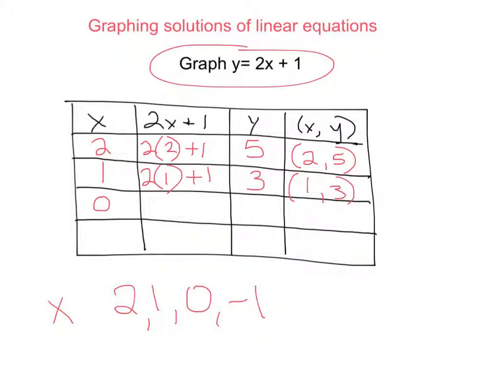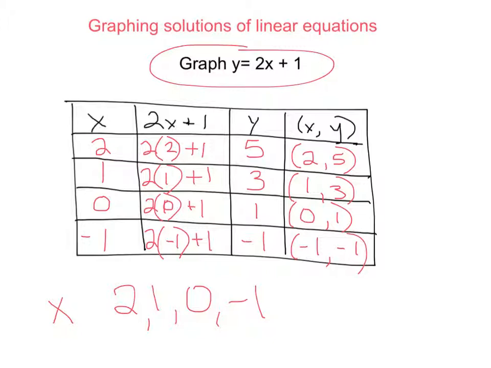If it is 0, then it's 2 times 0 plus 1, which is 1. My x is 0, my y is 1. And if it's -1, then it's 2 times -1 plus 1, which is -1. So my x is -1, my y is -1.